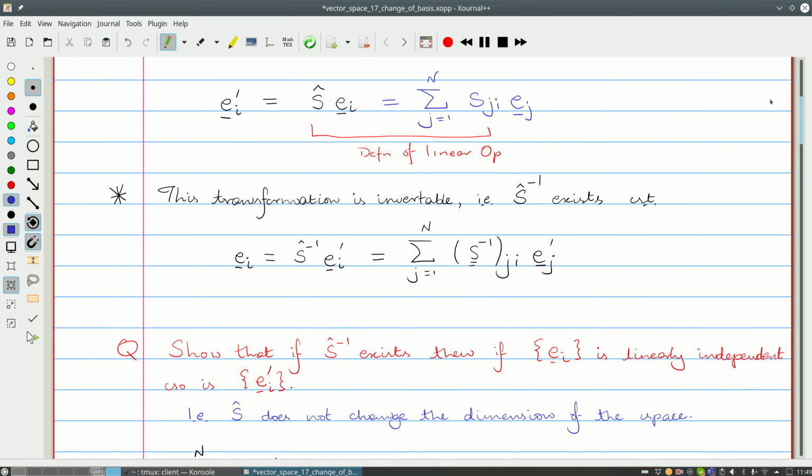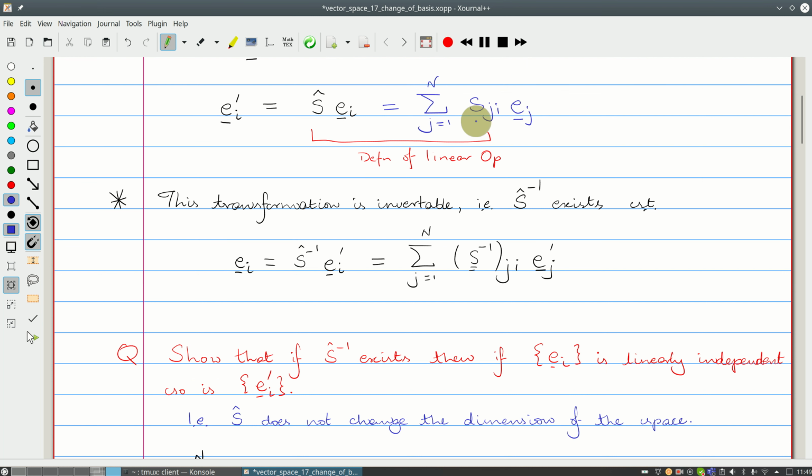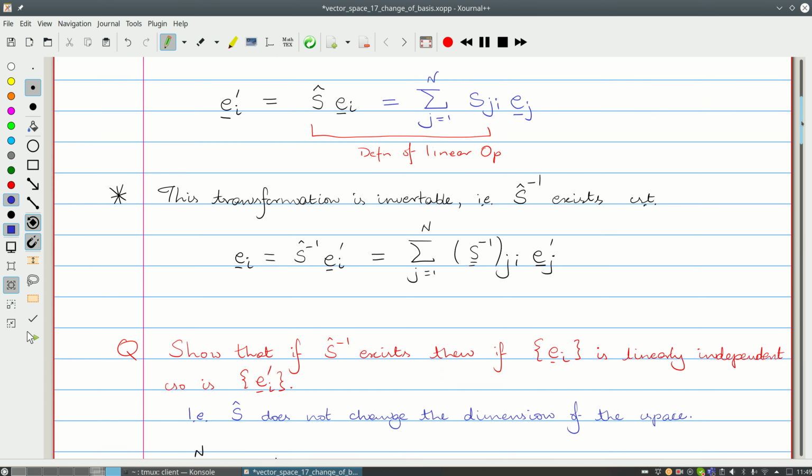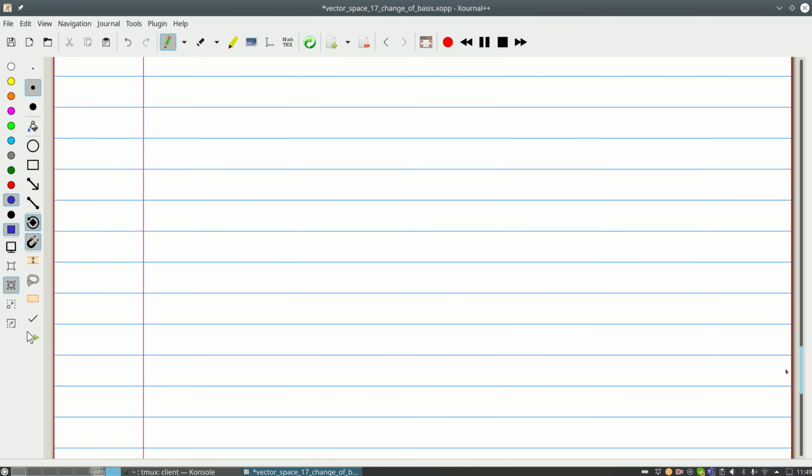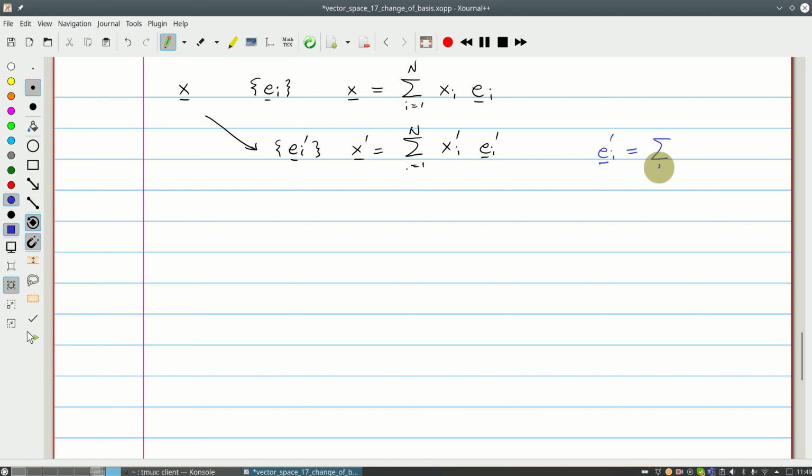It's up here. e_i prime is equal to the sum over j of S_ji e_j. Let's go back here and put it in there. So what we get is the sum over i, then we have the x_i prime, then we've got the sum over j of S_ji e_j.